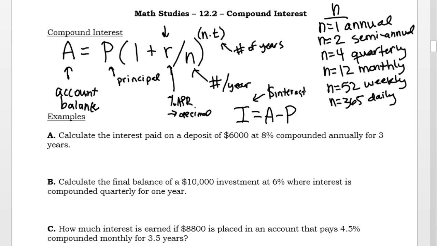Okay, so our first example says, calculate the interest paid on a deposit of $6,000 at 8% compounded annually for 3 years. So if I want to get the interest, I have to calculate the account balance first, which would be the principal times 1 plus the 8% interest rate, compounded annually for 3 years.